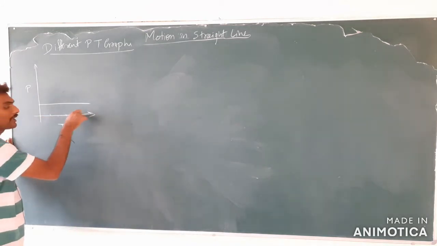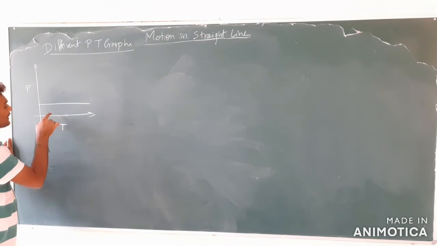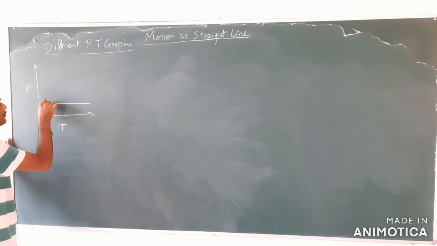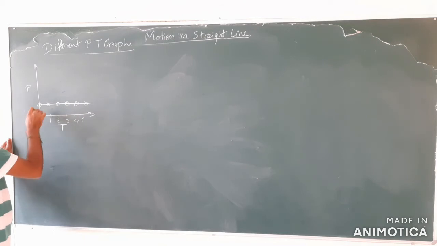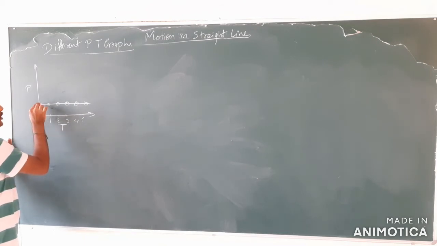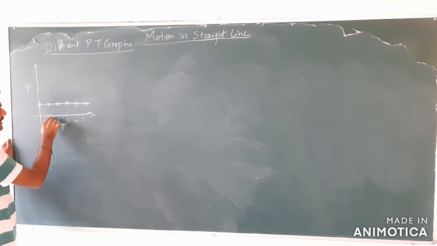If you observe carefully, time is changing with the graph because the points can be considered here. As you can see, when the point changes from this point to this point, the time has changed from 0 to 1 second.